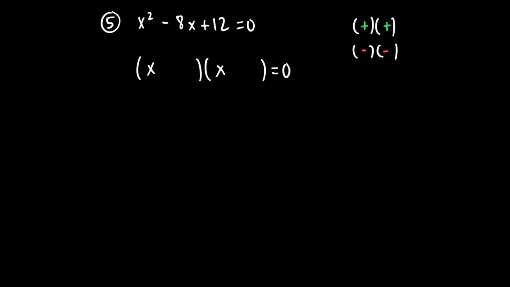But with that in mind, I want you to think about this. We need our 2 numbers to add to make -8. So if you take 2 positive numbers and add them, think about this. If you take a positive number and you add it to a positive number, the result will be a positive number.